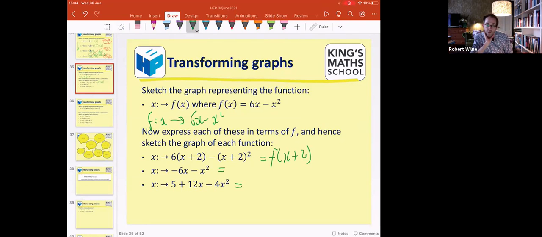Any thoughts about those two, in terms of f? Can we write them as functional expressions? Like I was doing earlier, but let's make an explicit task for the students.